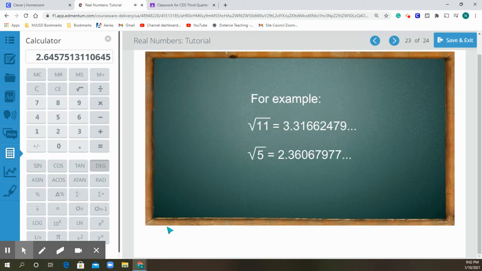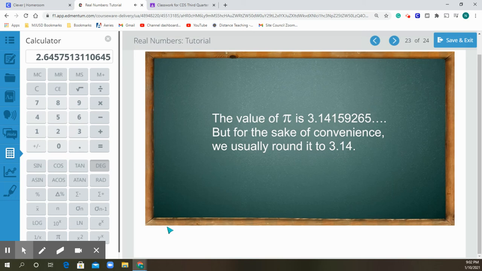Roots of non-perfect squares and cubes are examples of irrational numbers. We can also express irrational numbers as decimal numbers, but they neither terminate nor repeat. We cannot get the exact decimal expansion for irrational numbers. So, we round them depending on the precision that's needed for the situation.